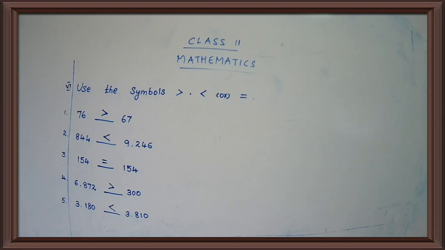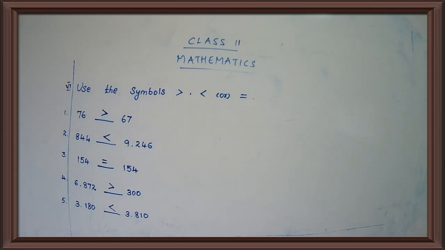844, small dash, then 9246. Which one is the greatest number? One side is a 3-digit number and one side is a 4-digit number.